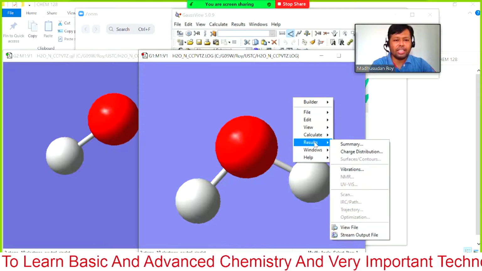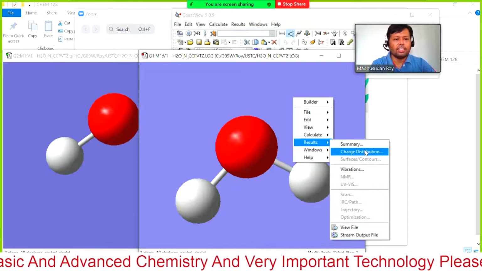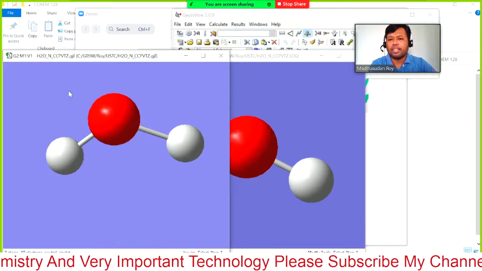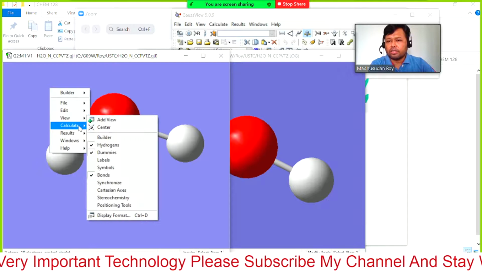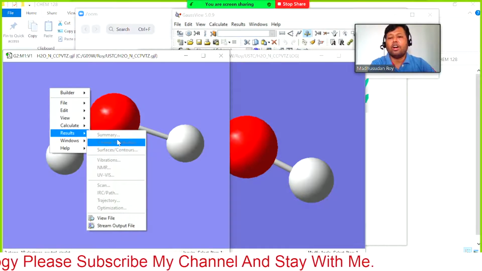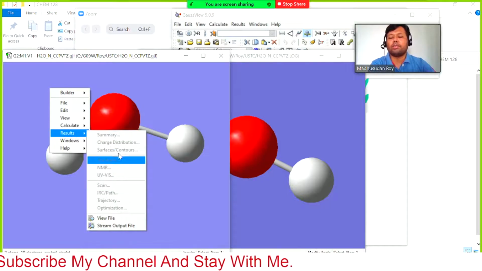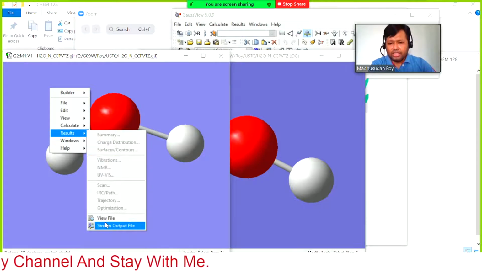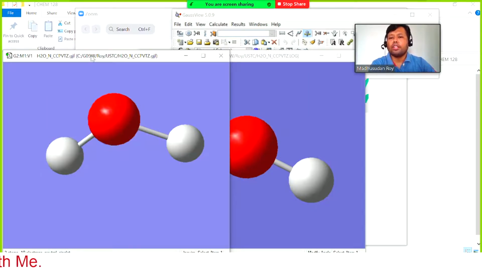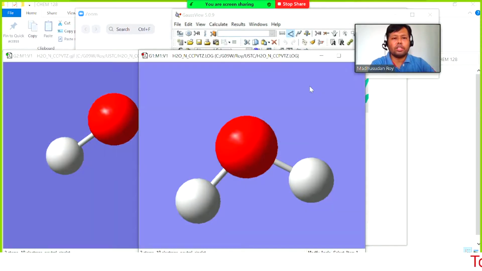So go to the results. Now you can see summary, charge distribution, vibrations. For the input file, all of them are shaded, so none of them can be found. So it has no results file, while the optimized one has a results file.